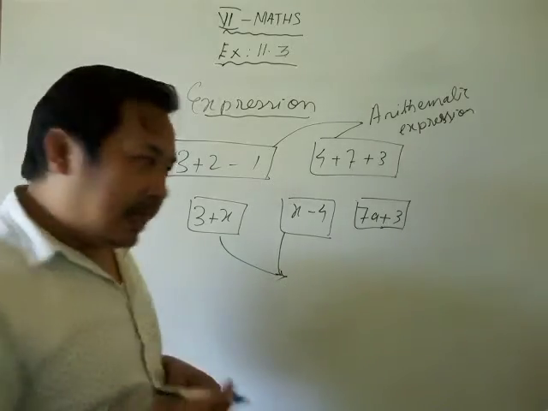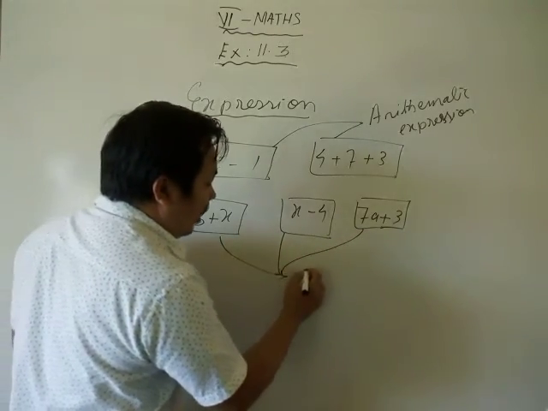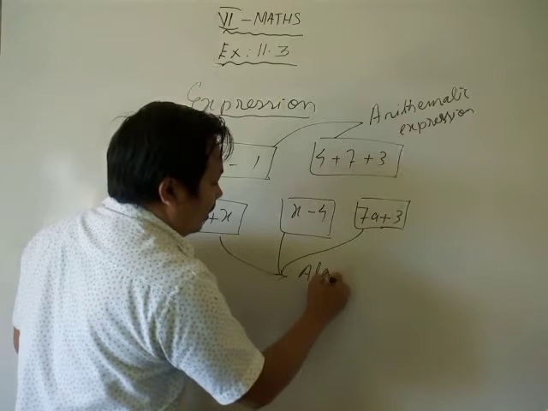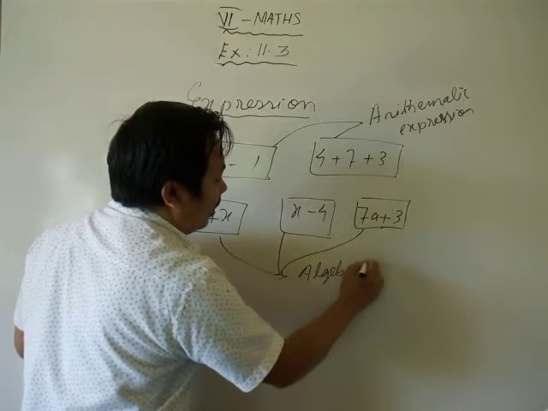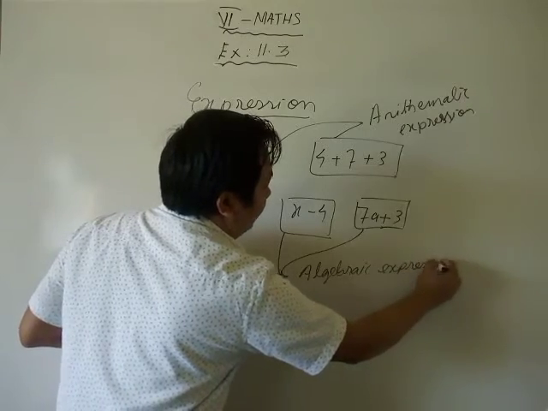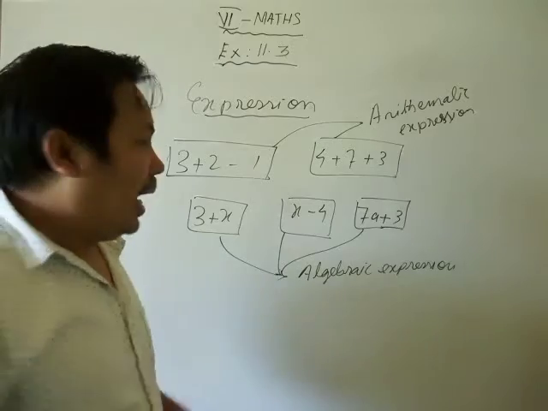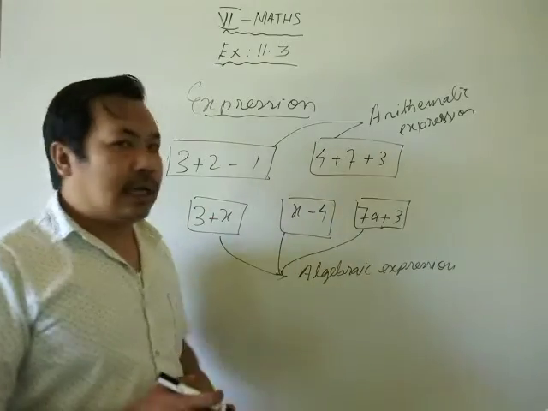Some letters are there, and an expression with alphabet letters is called an algebraic expression. Arithmetic expression has only numbers, and algebraic expression has letters also.